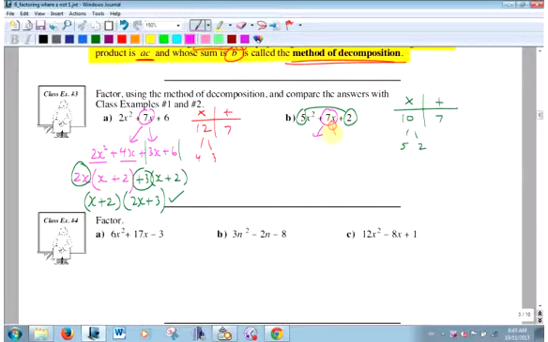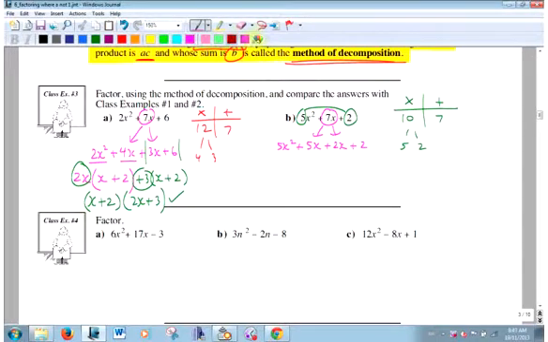Split up 7x into 5x and 2x. That's 7x, right? I still have 5x squared. I still have 2. Now what I want to do is factor by grouping.